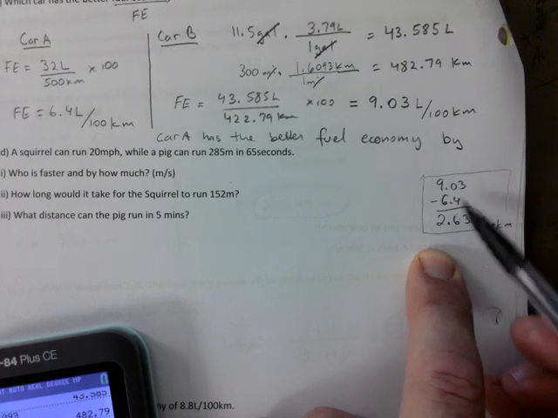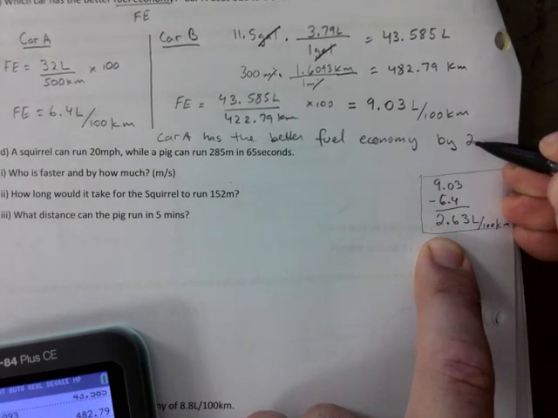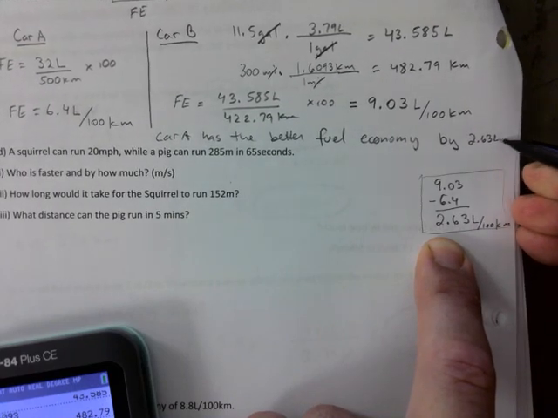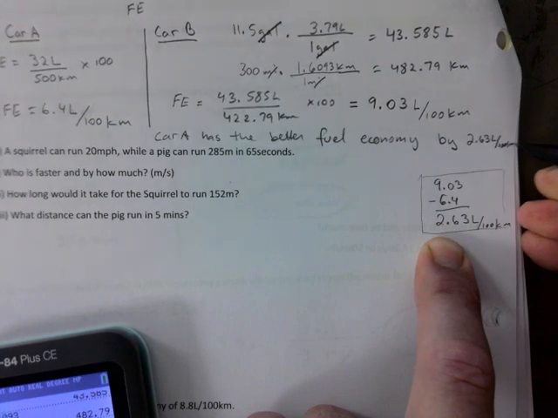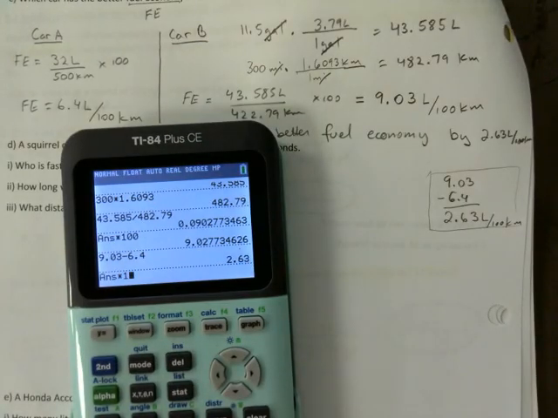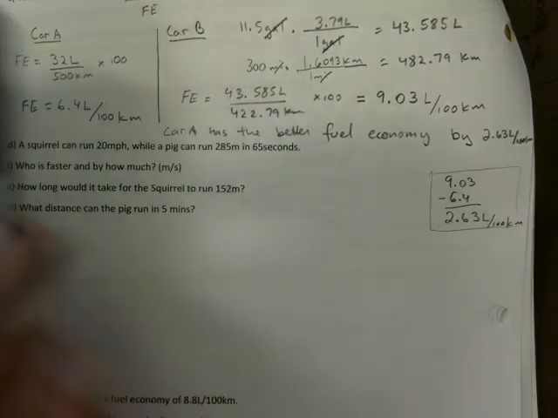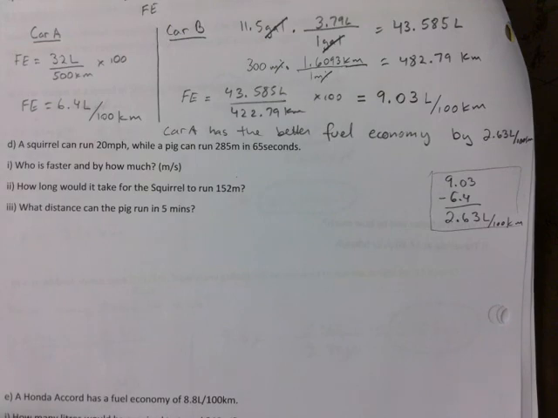I don't expect you to do this on the side. I'm just showing you how I come up with this. So 2.63 liters per 100 kilometers. So that's about 2.63 liters of gas right now. Multiply that by 1.65, right? That's the gas price right now. So $4.34 for every 100 kilometers you drive that you'll be saving. Okay, it's not a whole lot, but hey.